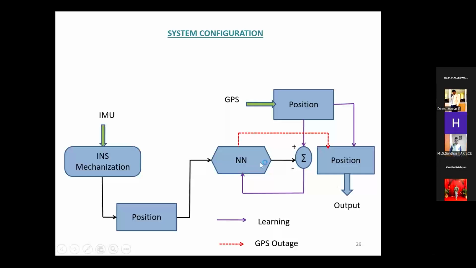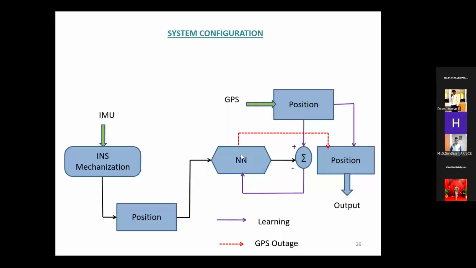Then we don't need any memory, we don't worry about the presence of noise, and there is no problem of how to cancel the noise. All those problems are eradicated when you go for this intelligent-based navigation system.